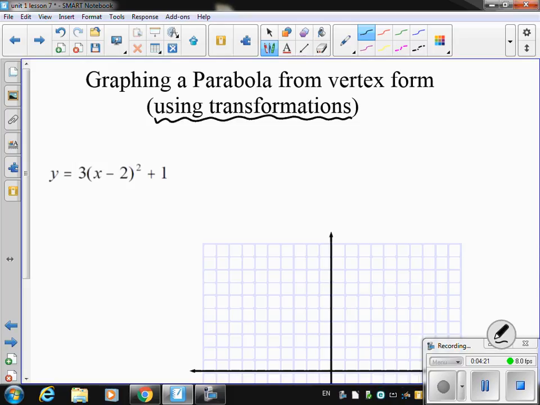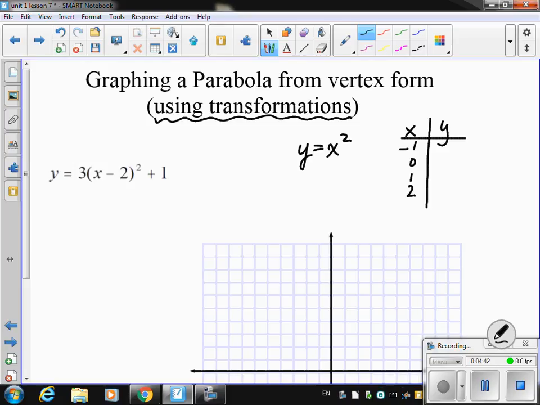The first parabola that I'm always going to draw is my basic parent function parabola, y equals x squared. I'm going to draw a quick table of values and then never do it again. I have squared my x values to get my y values.